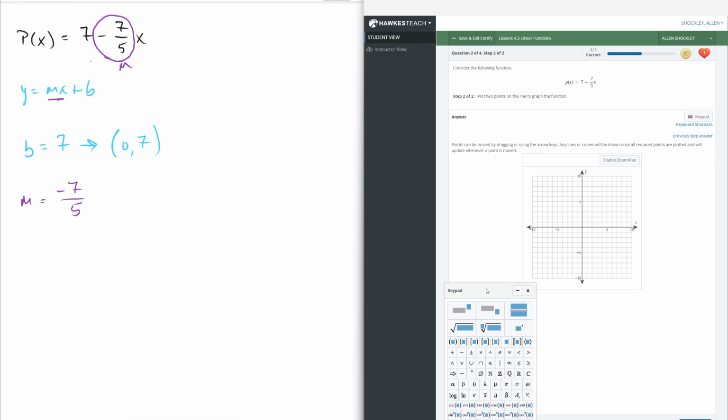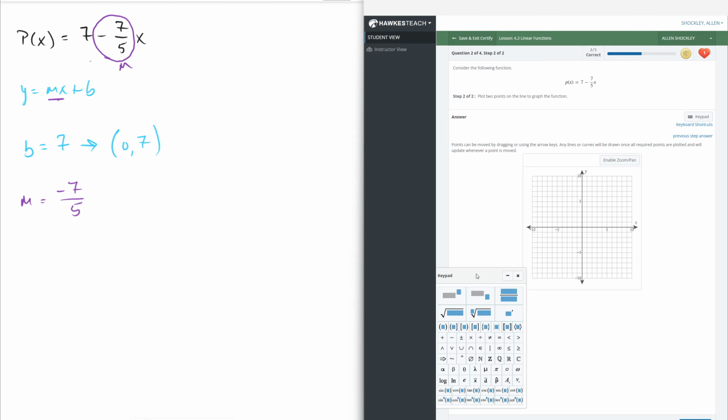Now it wants us to graph. So plot 2 points on the line to graph the function. So because of this, I think we have to go here, and we're just going to click. The very first point that I can do is 0, 7. So I'm going to go 0, and then up 7, 5, 6, 7. And then the next point, I'm just going to follow my slope.